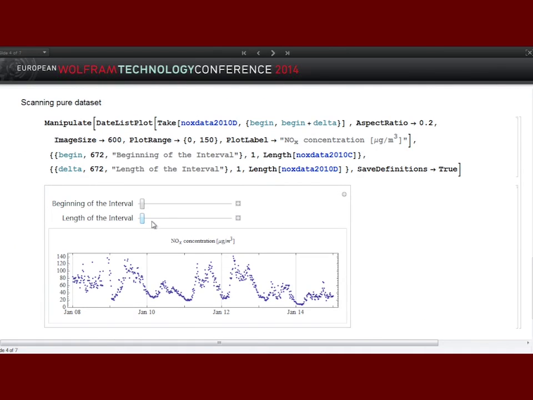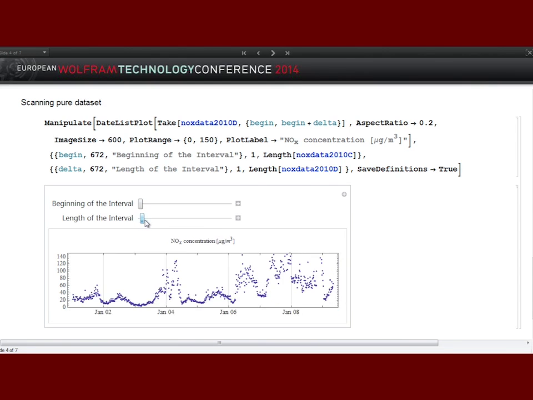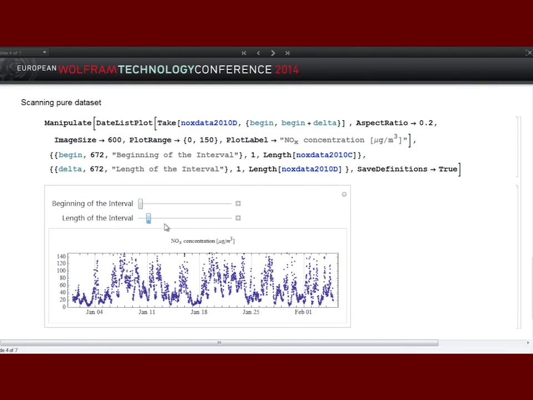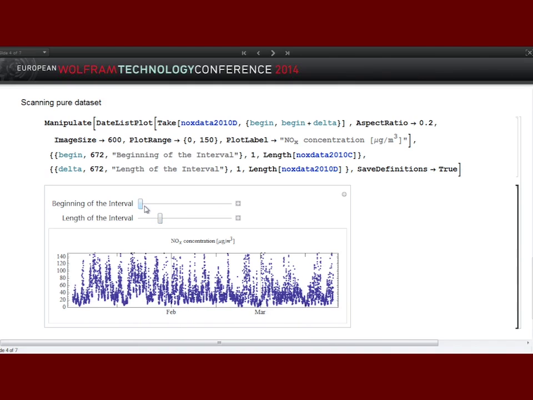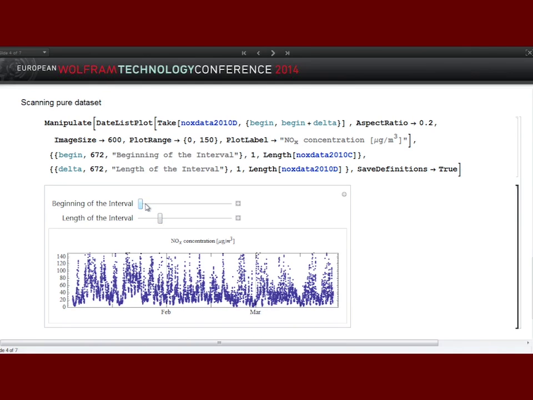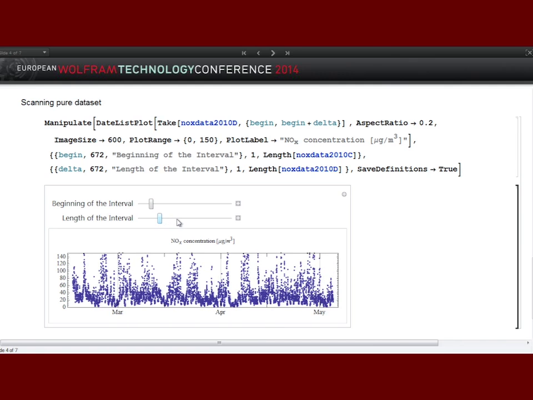So we can see now about 1 month. Yeah, so we can investigate the monthly pattern, and if we play with it a lot, we will see that there are different seasonal differences.